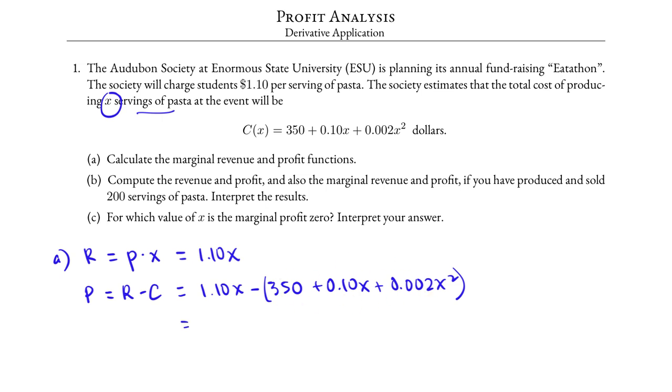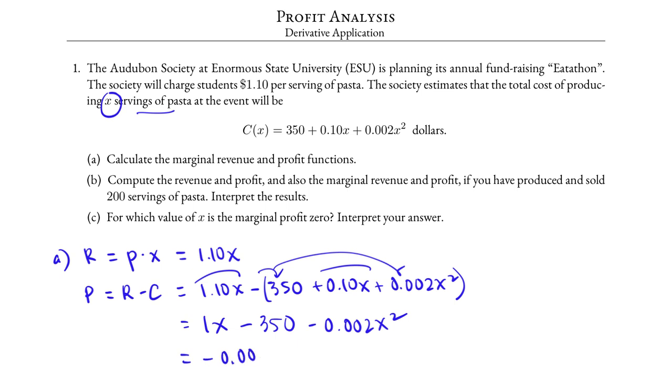Simplifying this, we have 1.10x minus 0.10x will give us 1x minus 350, where we distribute the negative sign, and then minus 0.002x squared. This is negative 0.002x squared plus x minus 350, and this is the profit function.